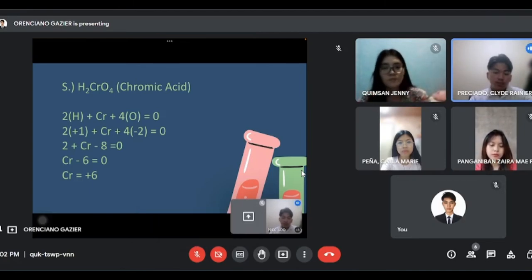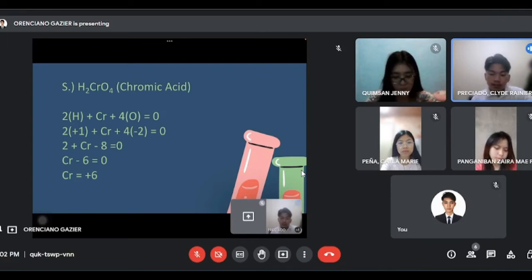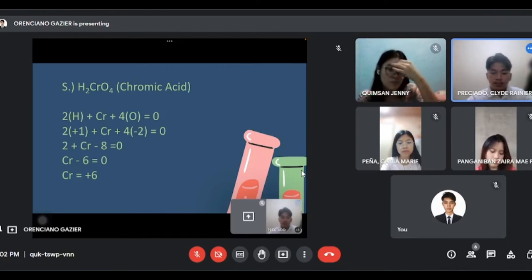2 plus chromium plus 4 times negative 2, which is negative 6 charge, is equal to 0. So chromium will have positive 6 charge because we transpose it.